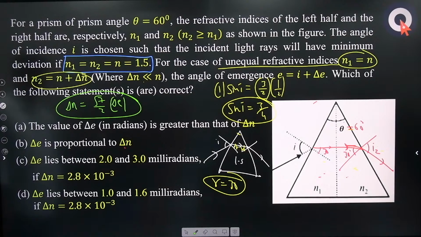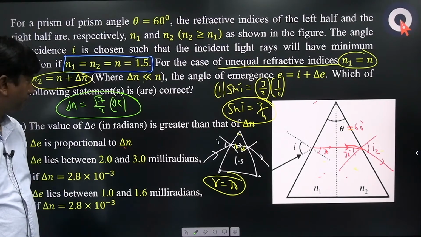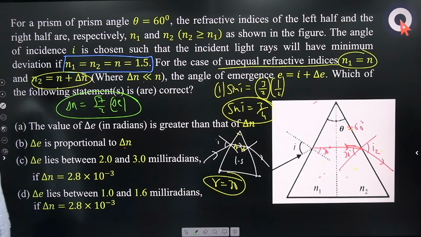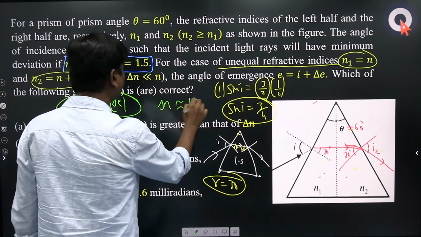The value of delta E in radians is greater than that of delta N. So root 7 is around 2.6, by 2. 2.5 squared is 6.25. So even if we take 2.6 by 2, that is 1.3, so delta N is roughly 1.3 times the delta E.